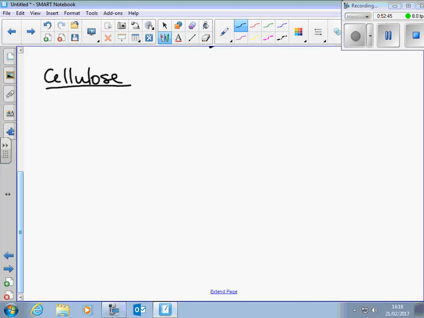So if I draw the first one, I'm going to have to miss some of the detail out, but here is our first one. Because the OH goes up, and that's where the bond forms, it goes up instead of down. But of course, carbon 4 has still got the H up and the OH down. So the molecule sort of flips over, and I now have to try and draw this the other way up.